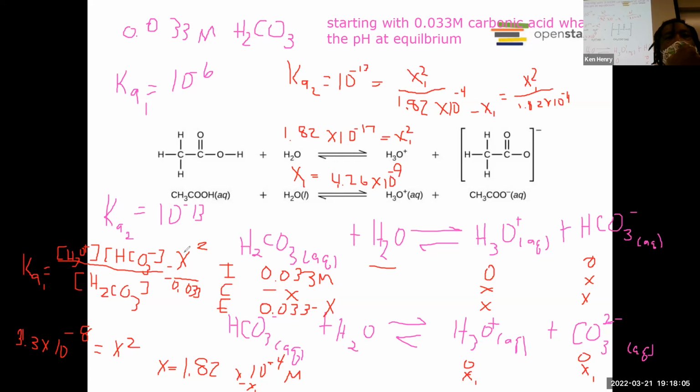It's the log. Anytime you put a P in front of something, like pH, that's just the minus log of that concentration. It allows us to put it on a nice linear scale compared to an exponential scale.